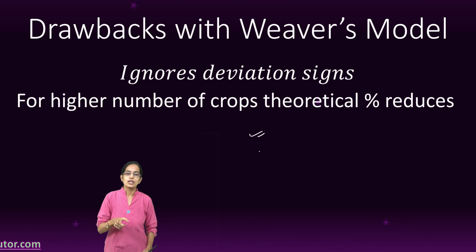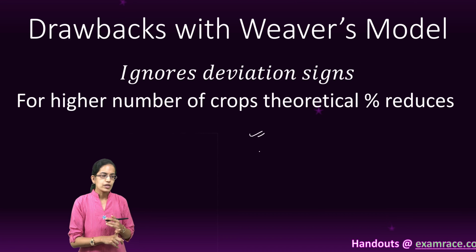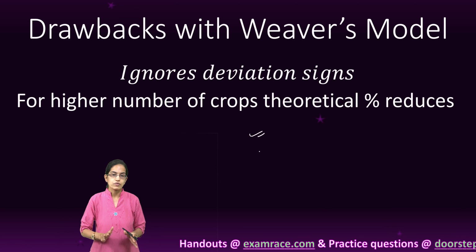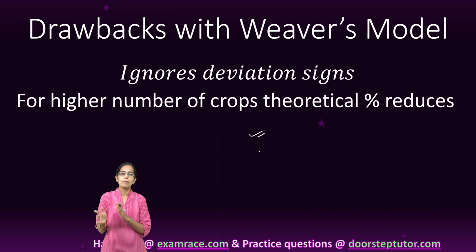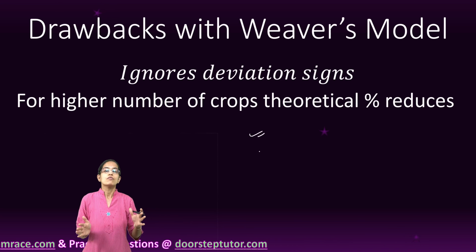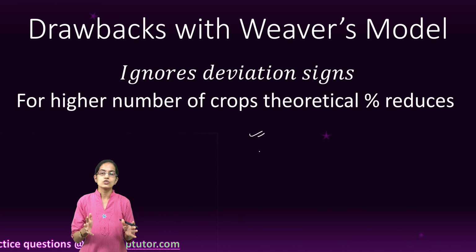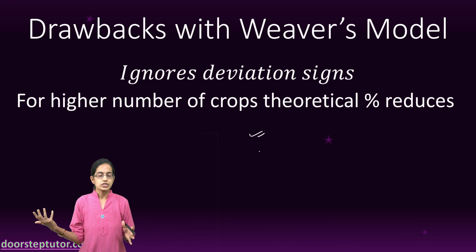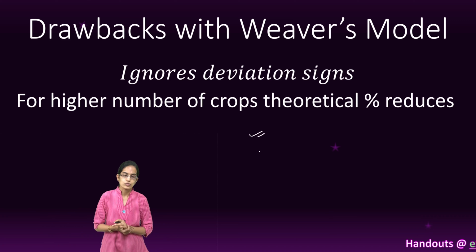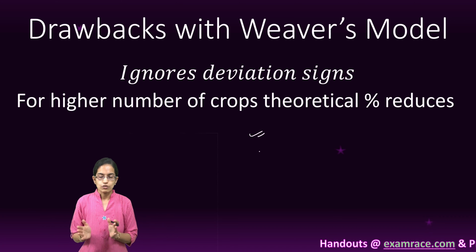A next significant drawback was cited by Rafiullah, and Rafiullah said that this was a modification of the Weaver's model, because if we are trying to apply the same concept to the functional classification of the towns, we would have to have a difference of the deviation, the positive and the negative deviations, and then we should take the square of those into account, the summation of those into account.